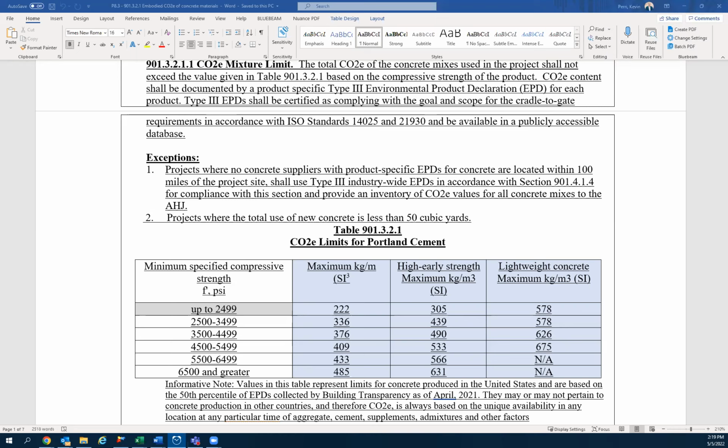I think that might be an essay question in a really large research project. You could solve this issue by regulating manufacturing, or you could solve this issue from the demand side, by asking architects and design teams to select low embodied carbon concrete.